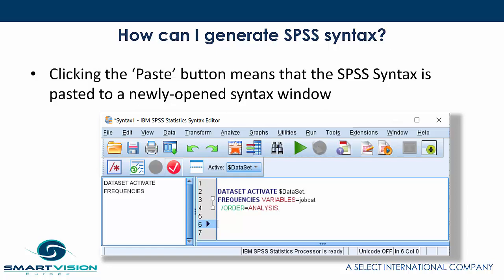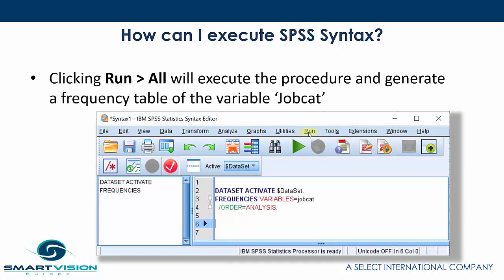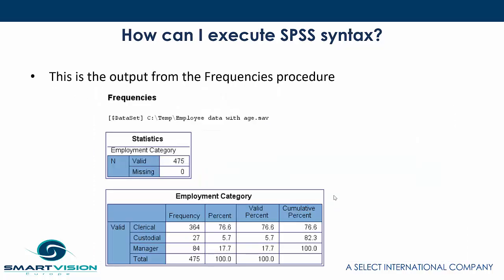One way we could do that is by clicking on the run menu at the top here and then selecting all. That means it would run everything that it could see in the syntax window, and that would generate for us a frequency table of the field job cat, or employment category, with 3 different employment categories and frequency counts. In other words, identical to the output we would get if we clicked OK.